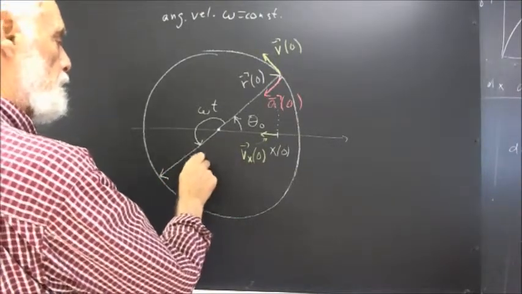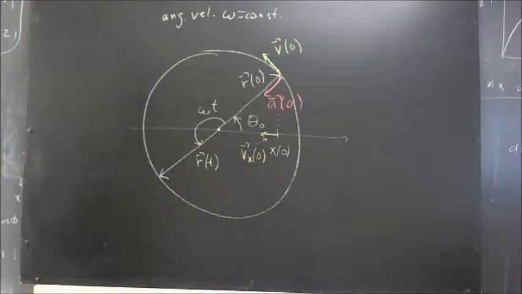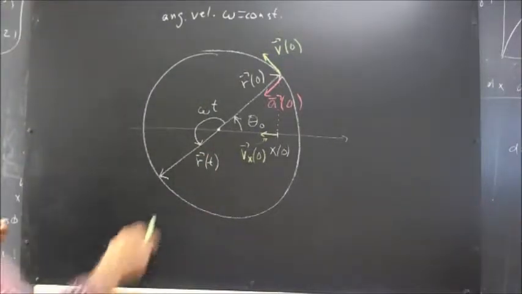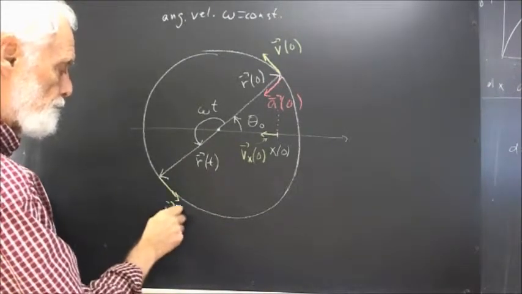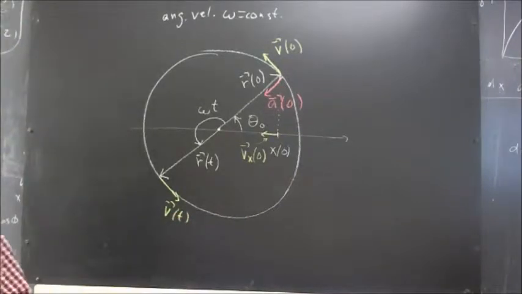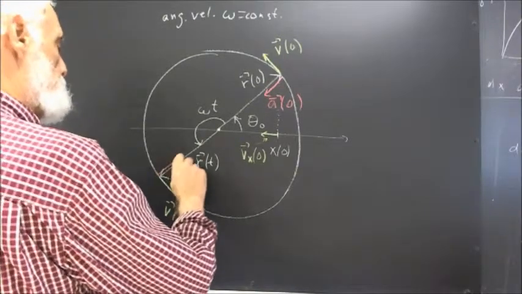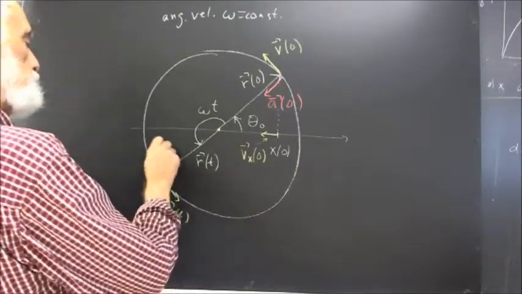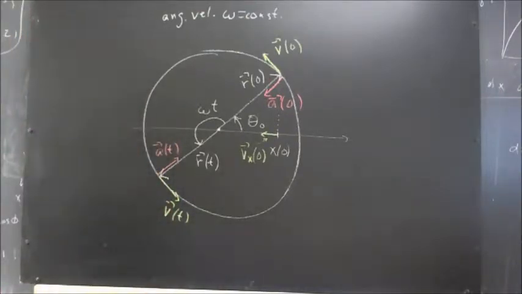This will be our vector r of t. And we'll have a velocity vector, v of t, and an acceleration vector, a of t. Each with its projection onto the x-axis.